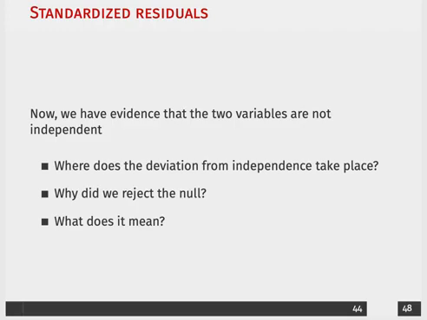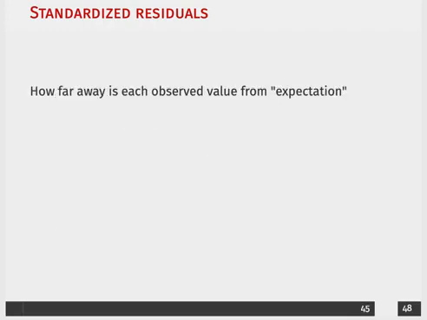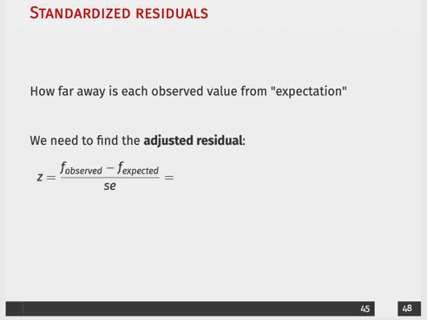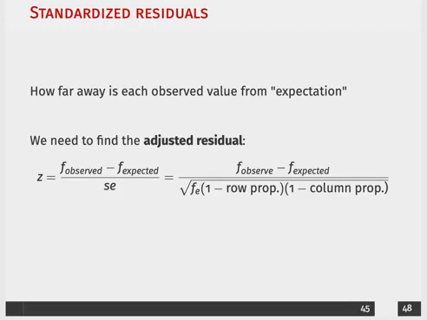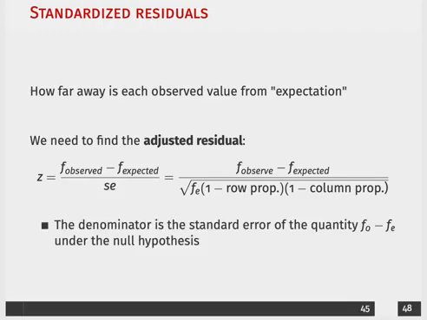We are going to do this by constructing standardized residuals. This will essentially allow us to say how far away each of the observed cells is from the expectation. And we're going to need to find the adjusted residuals. So this is literally just the difference between the observed and the expected over the standard error.